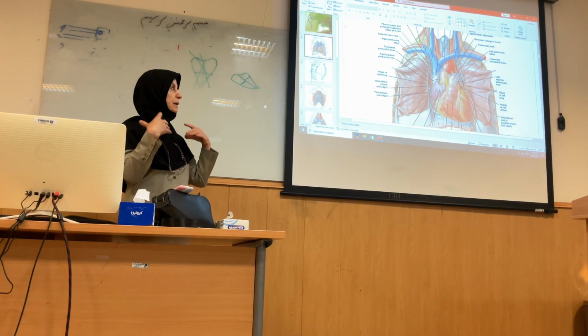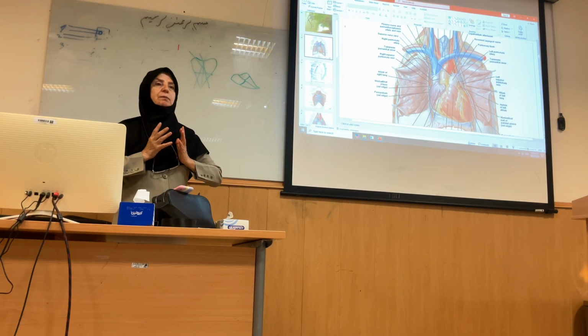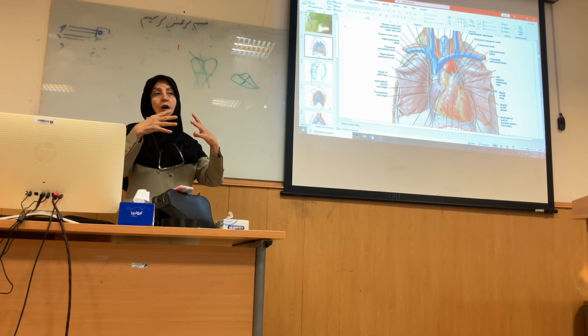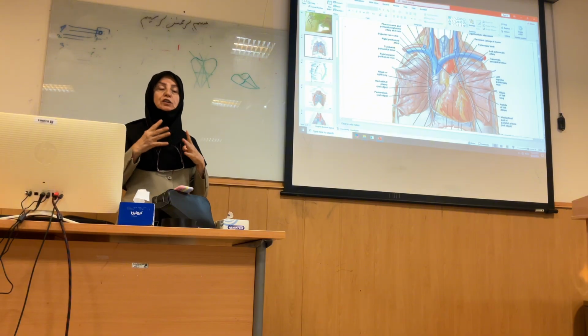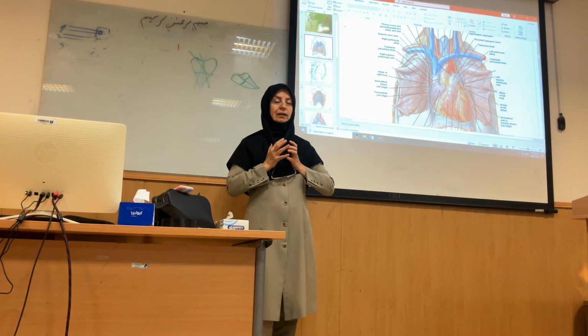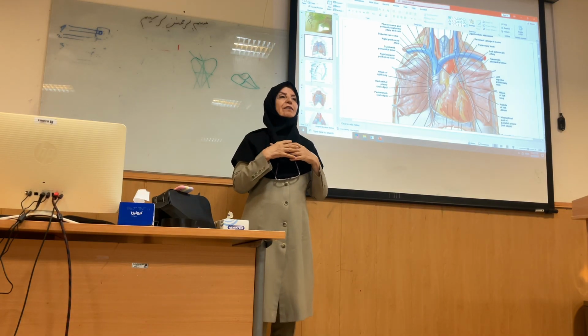Between all of these structures, the best position belongs to the heart, inside of a very high and very strong bony, cartilaginous, muscular structure, and both lungs also cover and protect it. You can imagine in the airplane, you have first class.